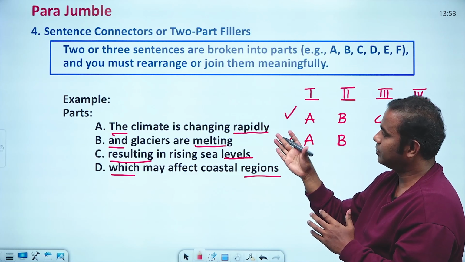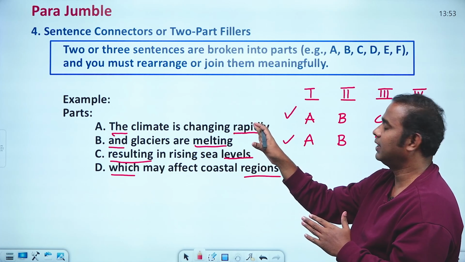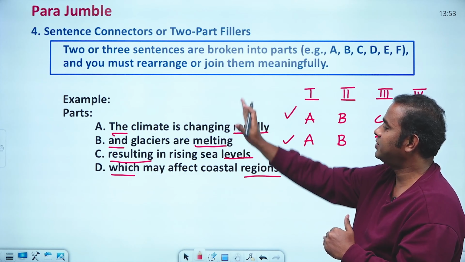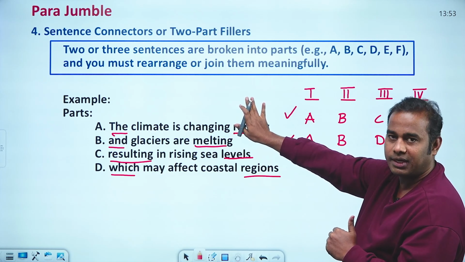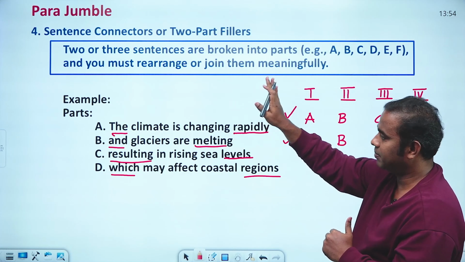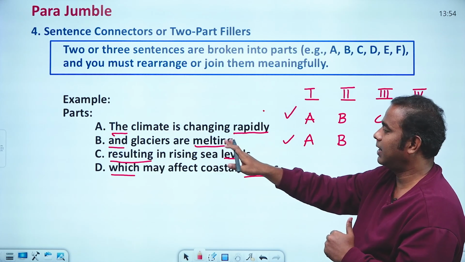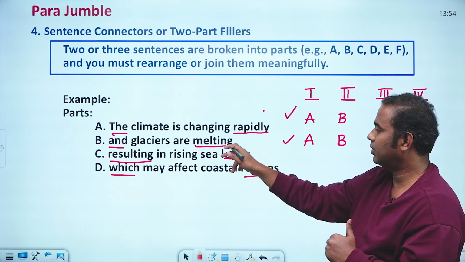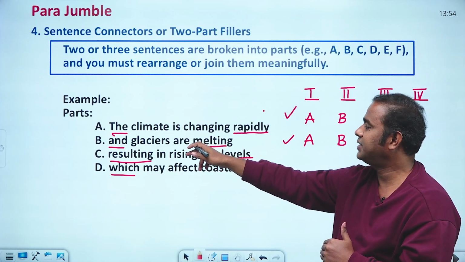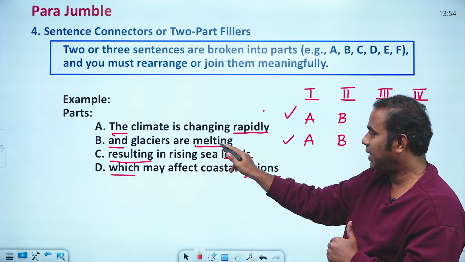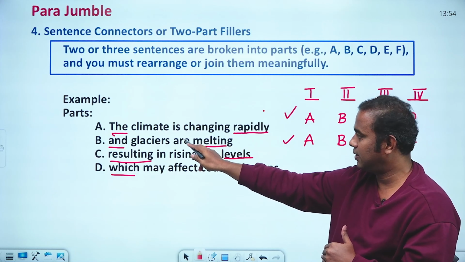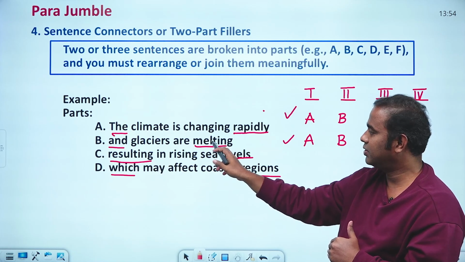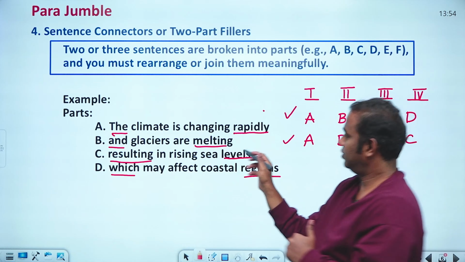The climate is changing rapidly. And the glaciers are melting. And is basically a conjunction, and glaciers are melting. Here, melting is a verb plus ing, so this becomes a gerund.